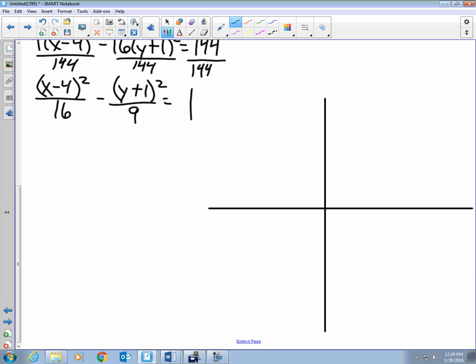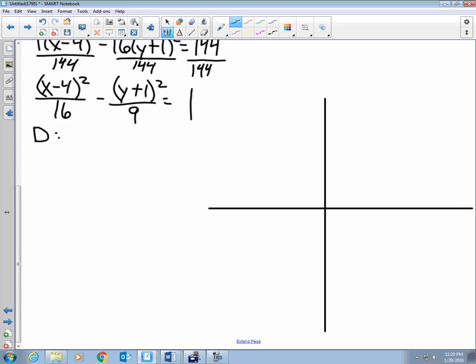Otherwise, if I use the term eccentricity, you would know ahead of time that it would be an ellipse. If I use the term latus rectum, you would know it would be a parabola. And if I use the term asymptotes, you would already know it would be a hyperbola. So I don't tell you ahead of time so you don't know what it is. So you would go back and gather that information.